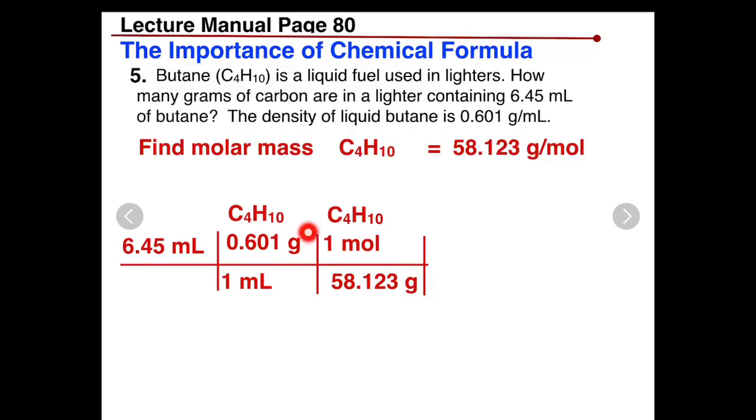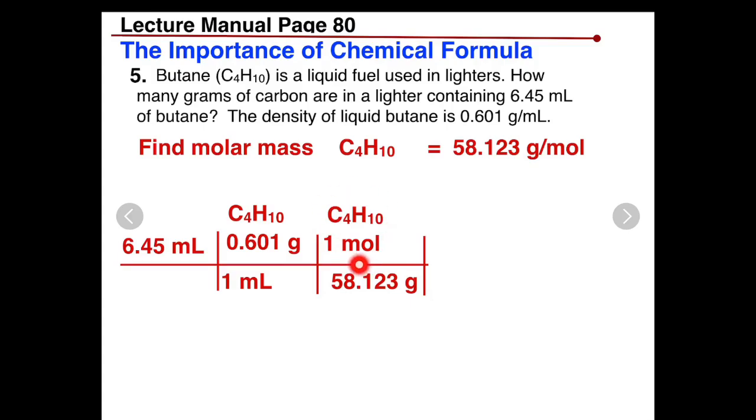Okay, so grams of butane can cancel out. Remember, I'm talking about butane, so I'm keeping a reminder by writing the chemical formula above it, so that I know for sure this is grams of butane, not grams of something else, okay, per mole.